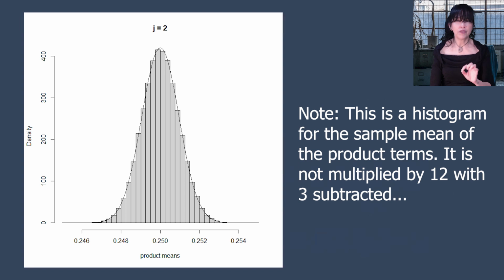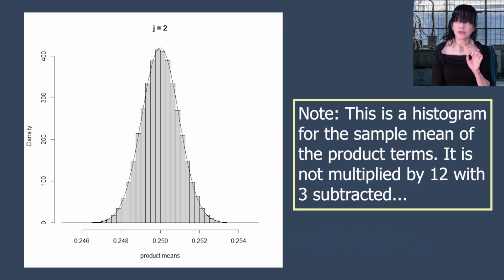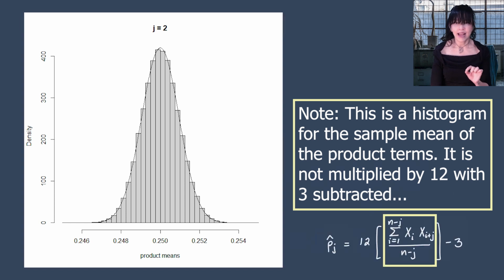You know what? In both of these pictures, I did not look at the full autocorrelation. What I looked at was the average right in here. And this is why they are centered at 0.25. In fact, I can show theoretically that the expected value of this is 0.25.